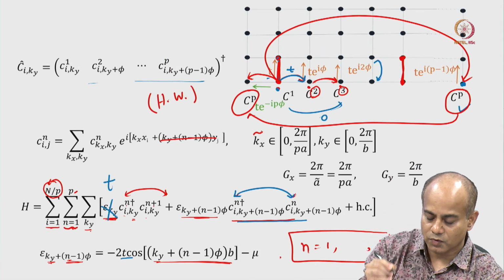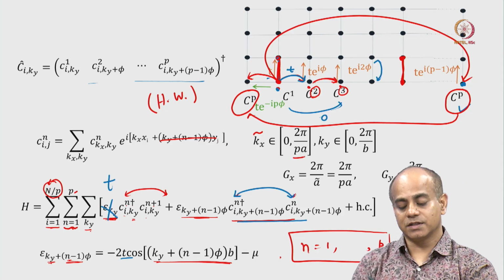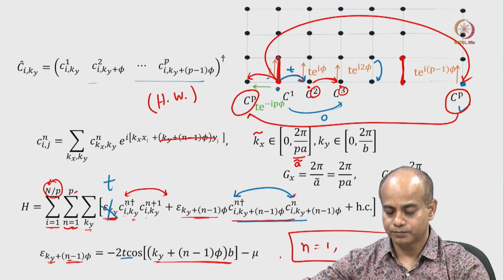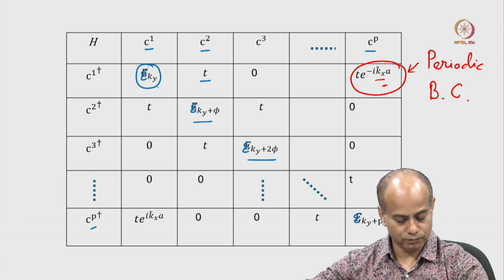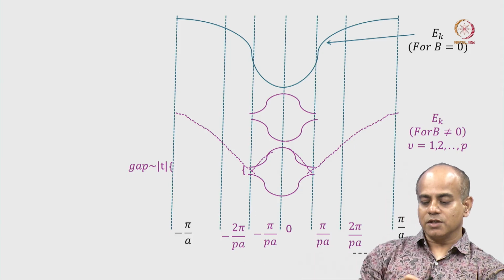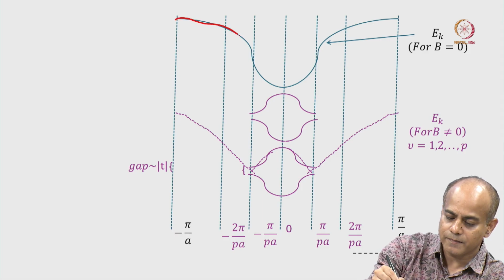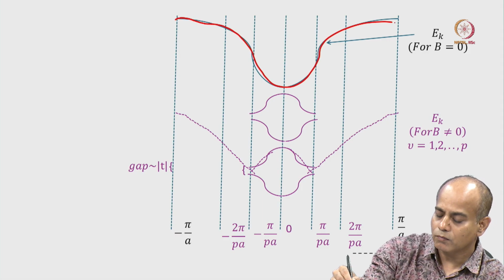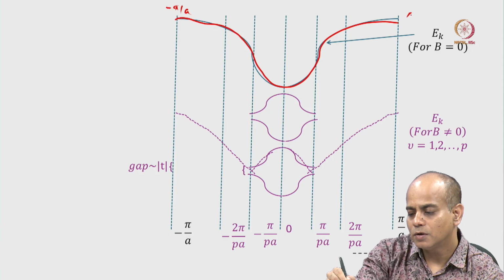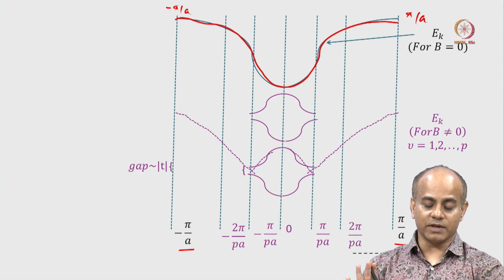I think we might call it kx tilde, because this is a tilde. Right. All right. So, then we started with a band from minus pi by a to pi by a, which are written here in the original band, one band we had.